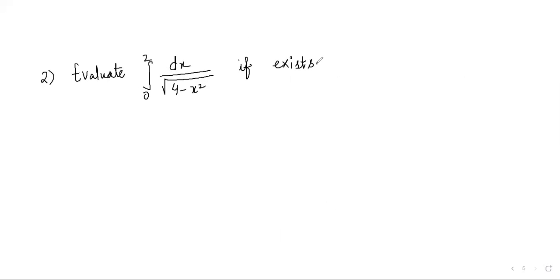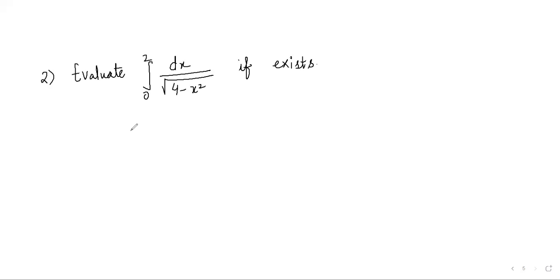Again, it's the same thing. If this integral is convergent, then find out the value of this particular integral. Now let us check whether it is an improper integral or not. And if it is an improper integral, then what is its kind? Is it of first kind or second kind?